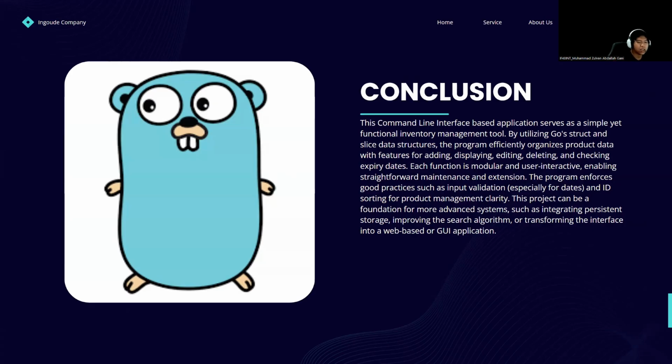Each function is modular and user interactive, enabling straightforward maintenance and extensions. The program enforces good practices such as input validation, especially for the dates and IDs, and sorting for product management clarity. So this project can be a foundation for more advanced systems, such as integrating persistent storage, improving the search algorithm, or transforming the interface into a web-based or GUI application.